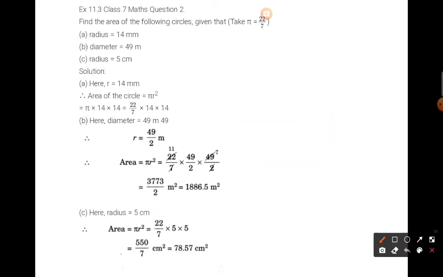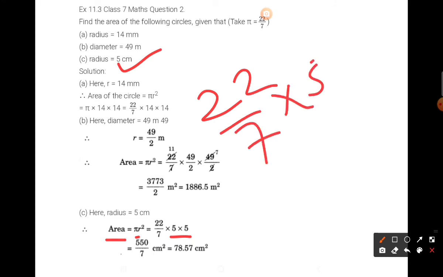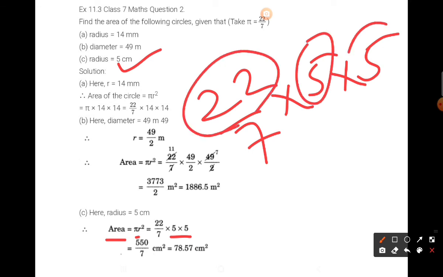So meter square, okay, everywhere square should come. Now third one, radius is given, so it is again very simple. Radius is given 5 centimeter. Now again formula for area is pi r square. Pi means 22/7 and radius is 5, so 5 into 5, so 22/7 into 5 into 5. Now here cancellation is not possible, so you just have to multiply these 3: 22 into 5 into 5.